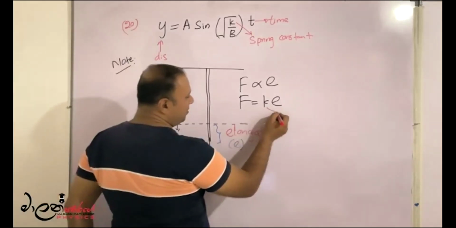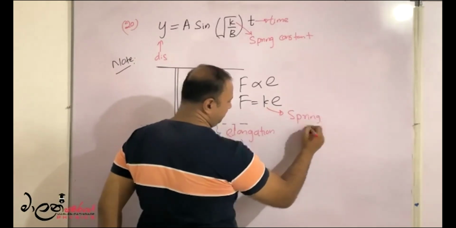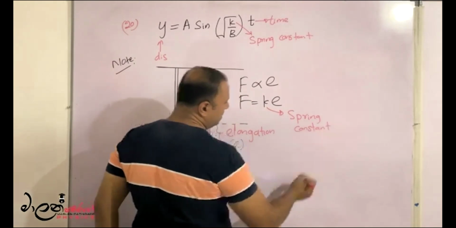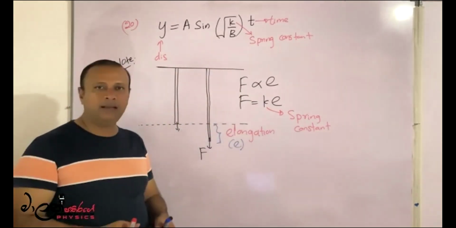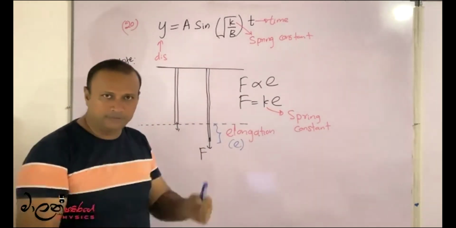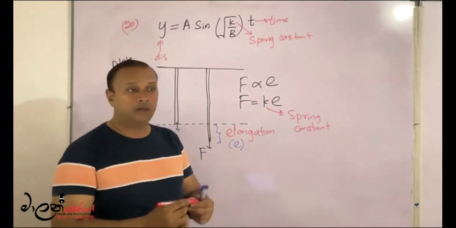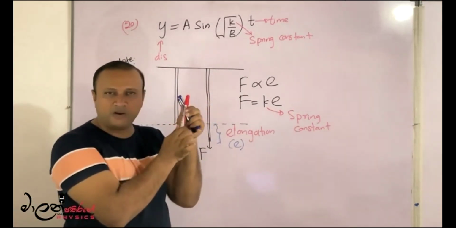This K is called the spring constant. The spring constant depends on the material. Some materials are very easy to deform, but some are really hard to deform. Can you deform this pen using a force?